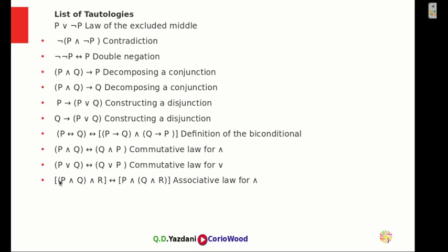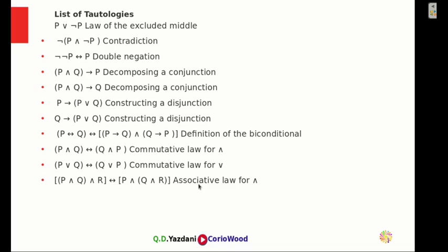Here we have a bracket, and inside it says P and Q and R, if and only if, that's a biconditional again, P and Q and R, which is the associative law of conjunction, or the associative law for and. We have a biconditional here, and that's the associative law, because we associate this one.